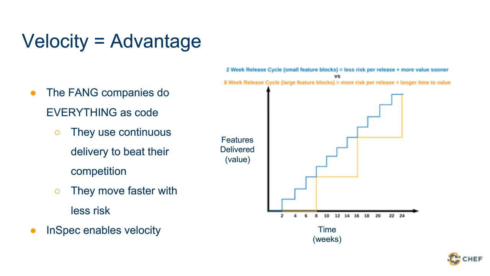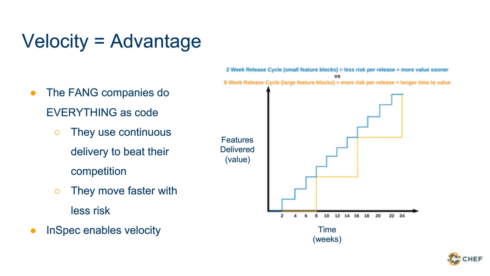Then we have the orange company here that does an 8-week release cycle with large feature blocks. There's more risk per release, and it takes a longer time to get features out to where they deliver value. All things being equal, say the blue company and the orange company are competing in the same market, delivering the same types of features, but the blue company delivers them faster.